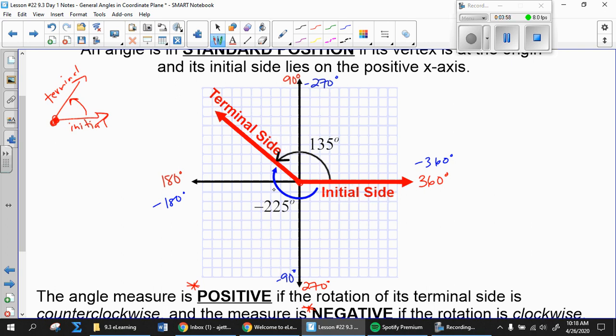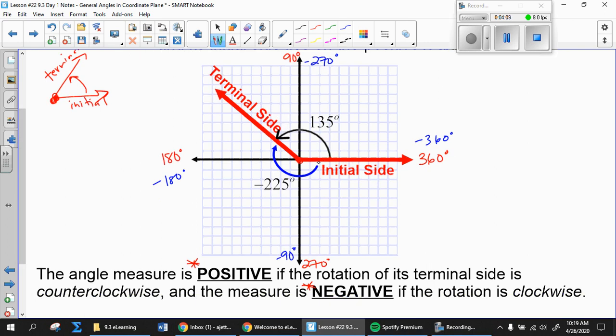Then if I go the other direction, these two angles are the exact same thing, 135 and negative 225. Because if I think about negative 225, I'm just going to rotate clockwise. I'm going past negative 90, I'm going past negative 180, and negative 225 falls somewhere between negative 180 and negative 270. And so again, it gives us that same angle.